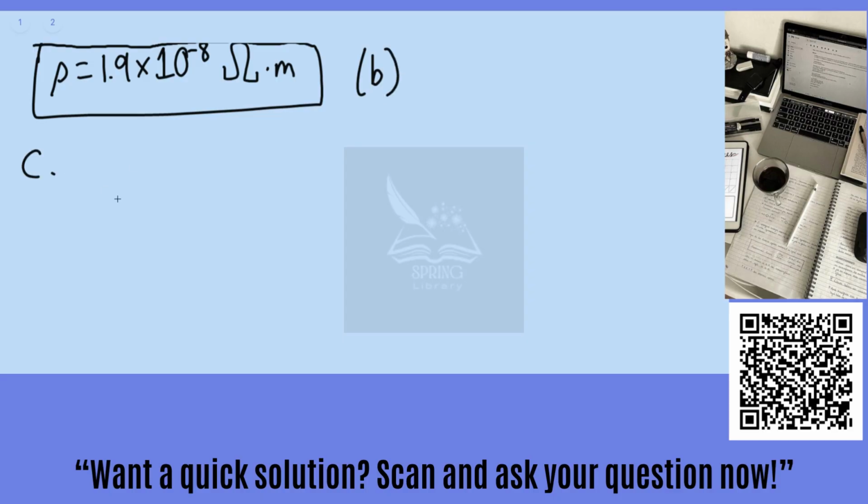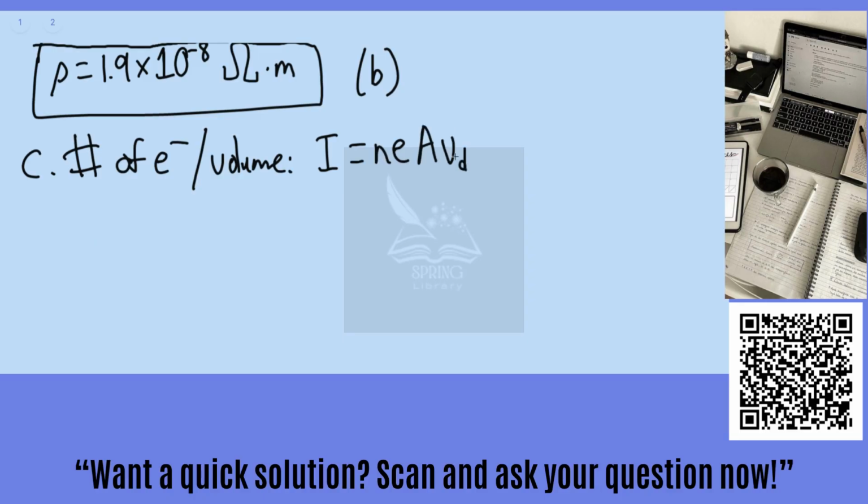And then for C, they're asking us for the number of electrons per unit volume. So we can say that the current I is going to be equal to N, the number of electrons per volume, times the charge of an electron times the area times the drift velocity.